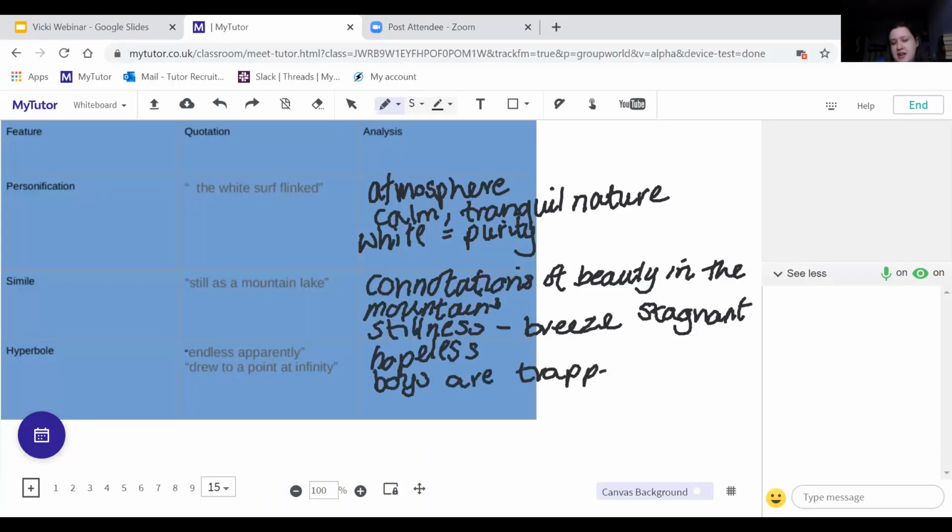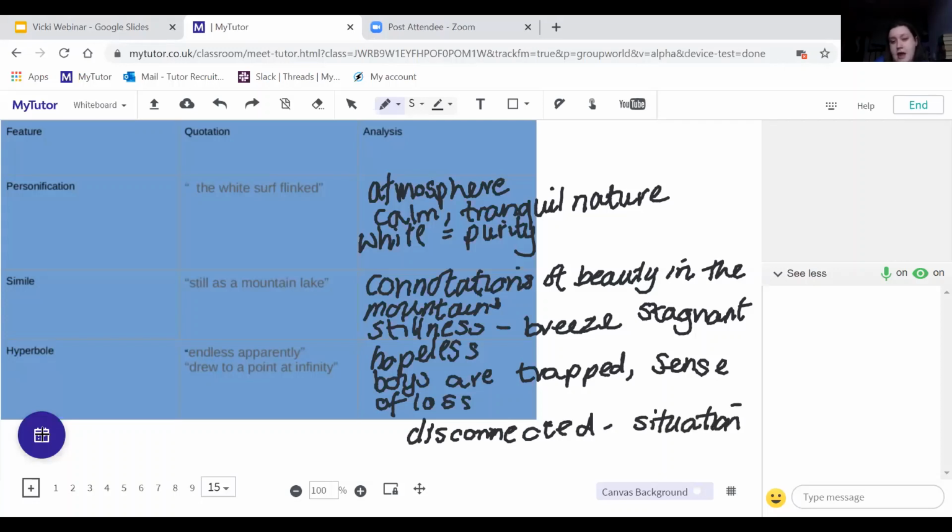We could also say a sense of loss. Yeah, the situation is still sinking in. I really like that. I think we can make an argument for being disconnected, both from the situation and the world.